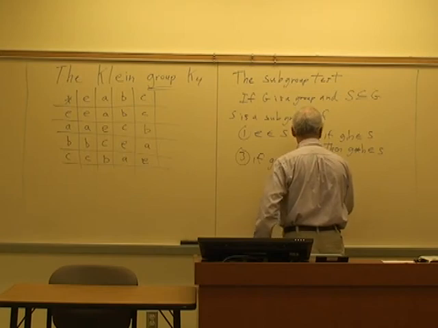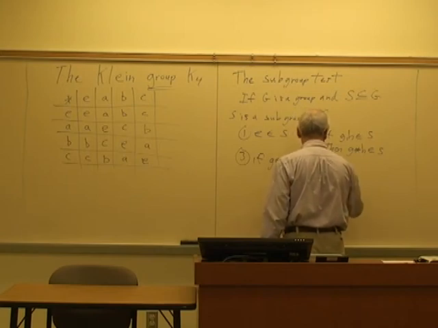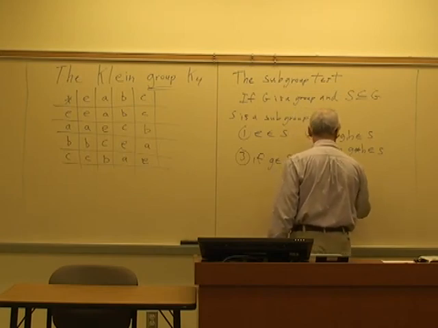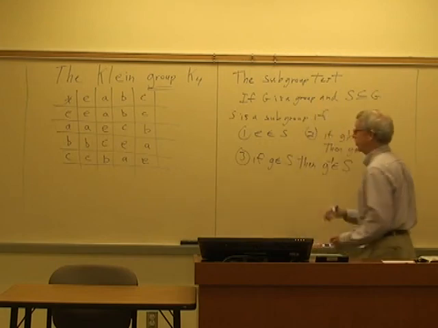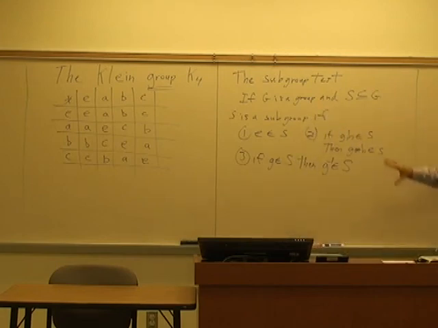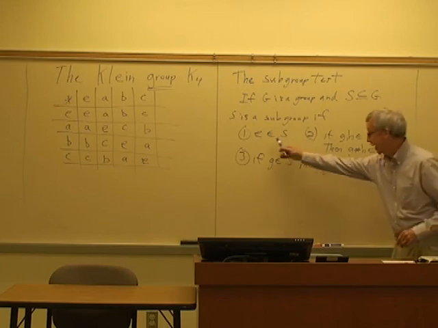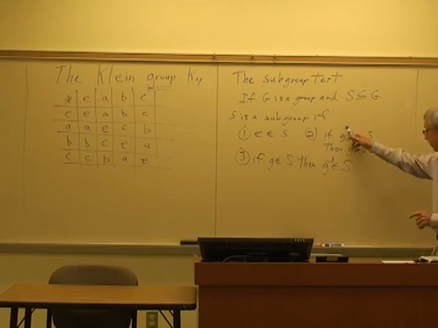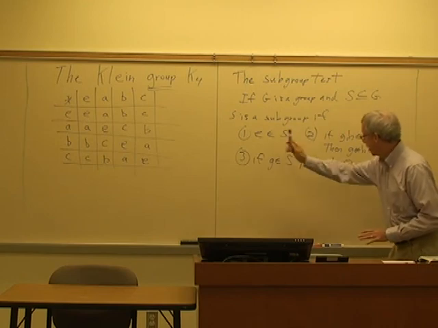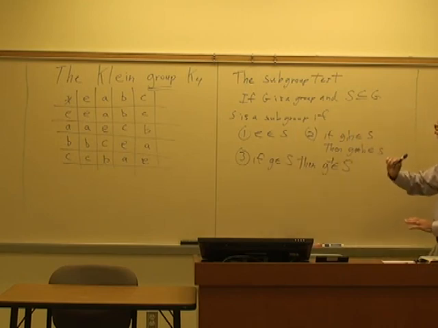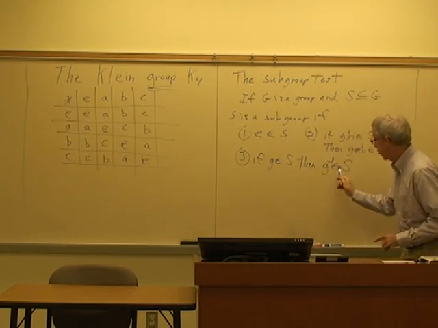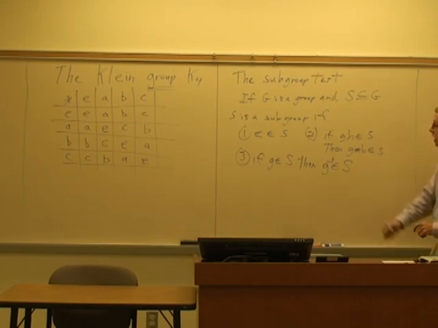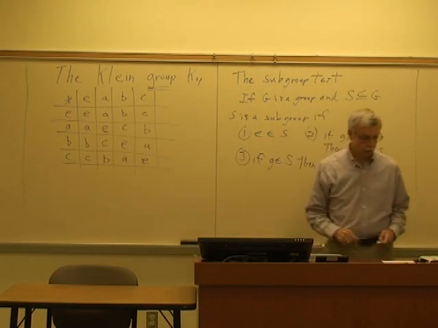Then G inverse must be in there also, in that set. So this is the subgroup test. It's a very practical test. If the identity is not in there, I'm done. If it's not closed, I'm done. It's not a subgroup. If the identity is in there and it's closed, and every element's inverse is also in the set, then I have a subgroup. That's the subgroup test. And this is a good place to pause.